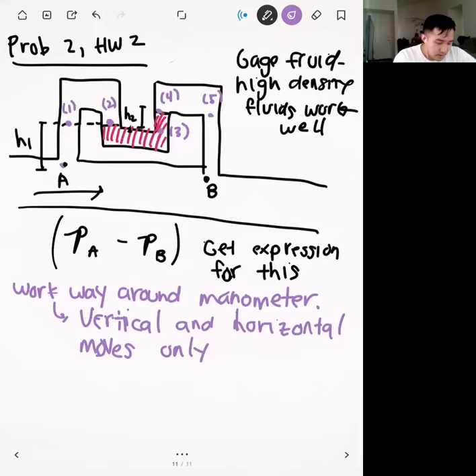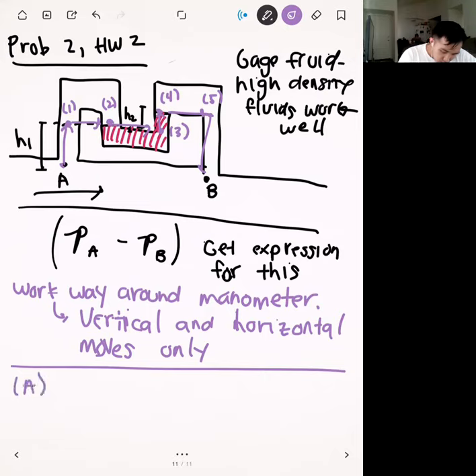Let's traverse through all the points, and along the way we'll write the expressions for the pressure. First, let's go from point A to point 1. This is a vertical move, so we're going to use our pressure difference formula.